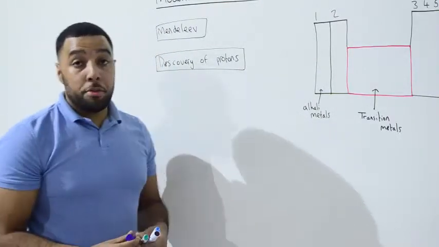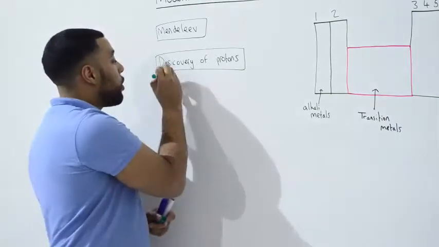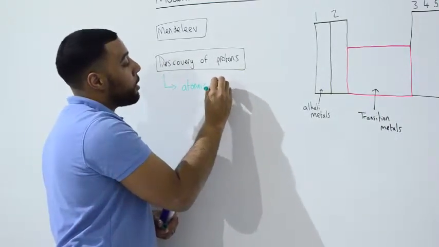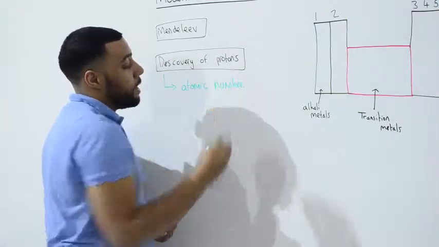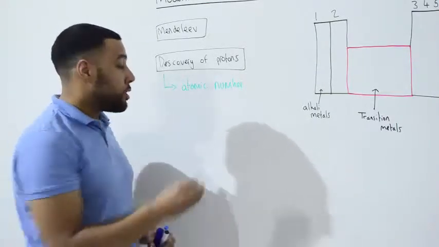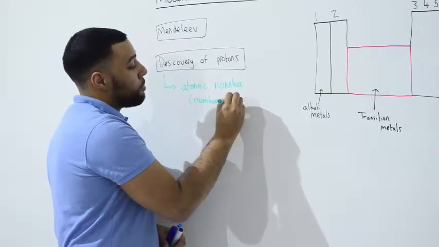When we discovered protons, we found that we could order the elements according to their atomic number. And you remember from previous videos that atomic number just means the number of protons.